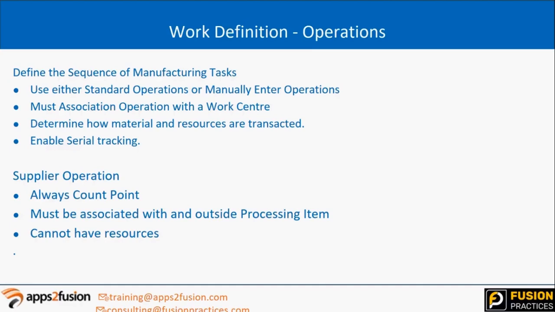Remember we saw a setup in the item where you mark that this item is an outside processing item. So the item assigned to this operation should be an outside processing enabled item, and this operation cannot have any resources assigned because this operation is going to be executed by our supplier.